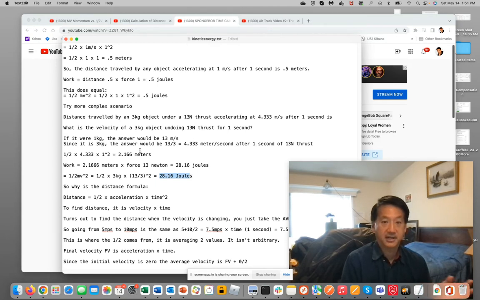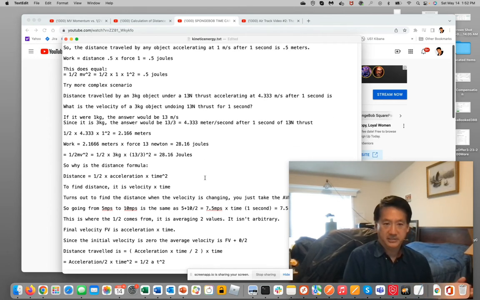So even in this more complicated scenario, the formula 1/2 mv squared seems to work. So sorry, DraftScience, it looks like 1/2 mv squared actually works when I'm doing this little test to see whether energy is conserved.